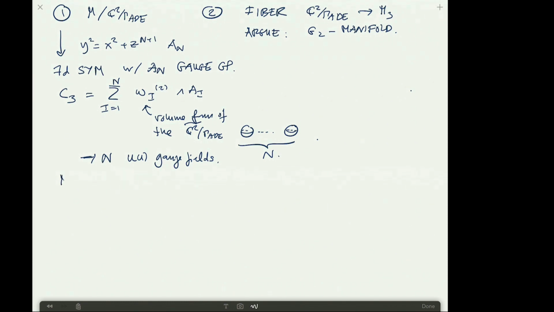But we also have M2 brane wrapping modes that can wrap a collection of these P1s. Let's call these some vector v_i, P1_i. These are charged under these U1s.